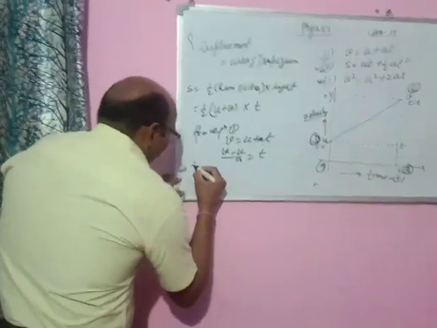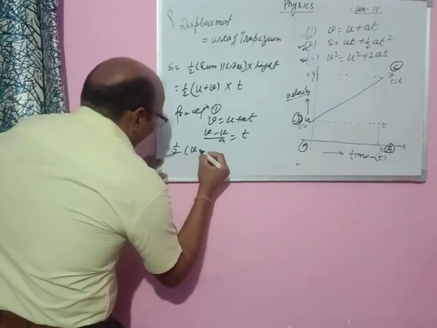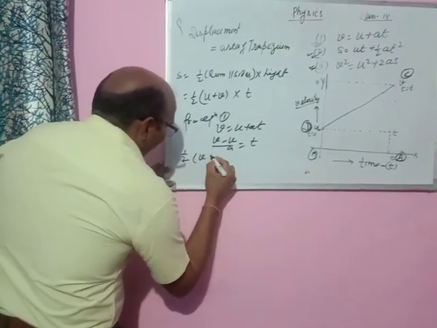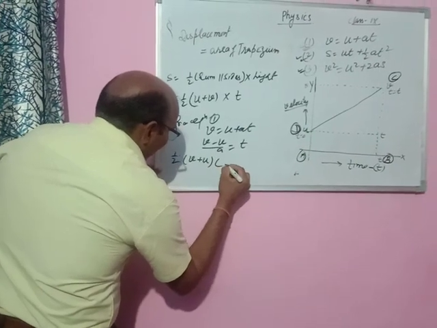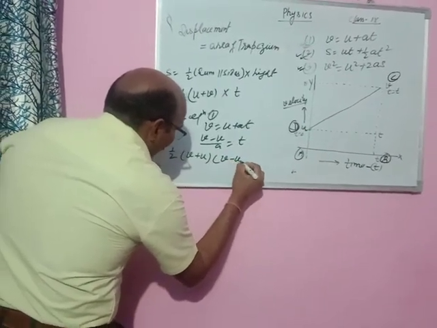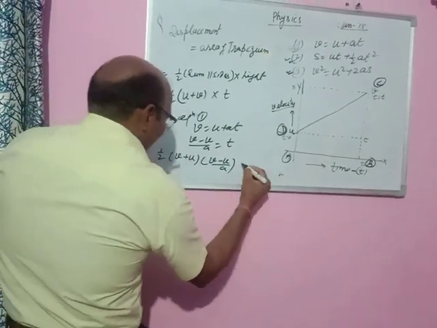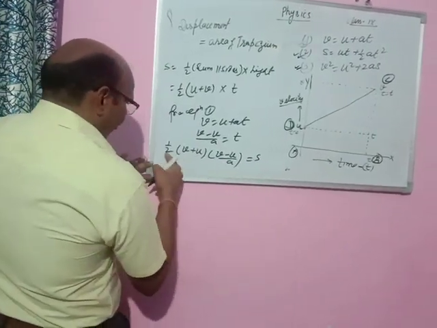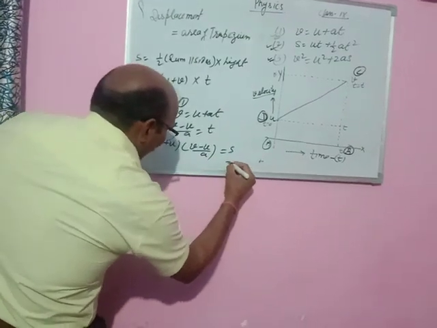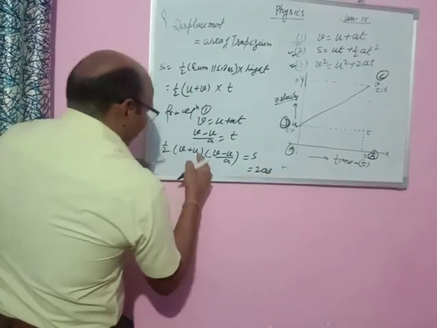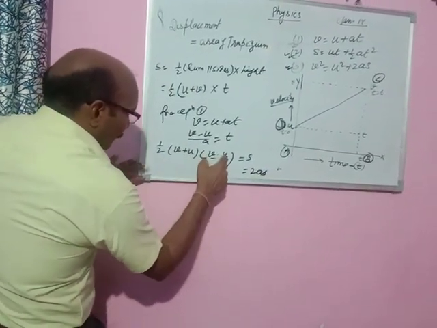So this equals half into v plus u, and this is now v minus u upon a, equal to s. So the a and 2 go on the other side: 2as equals v plus u times v minus u.